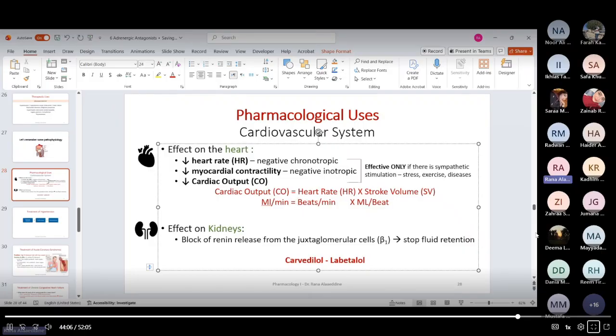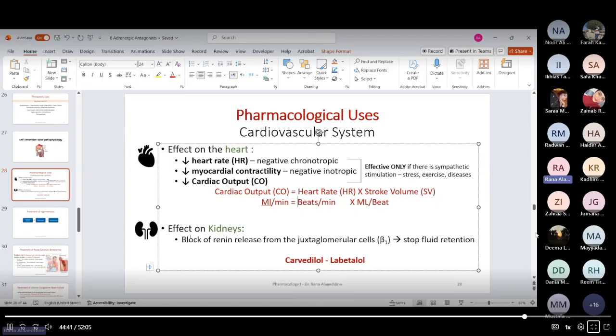Does this equation make sense? All right, so this is the cardiac output. The cardiac output is how much volume does the heart push out per minute. And it's the heart rate times the stroke volume. Stroke volume is the same as the cardiac output, but stroke volume is per beat. Cardiac output is per minute. So in order to get the cardiac output, we multiply the stroke volume with the heart rate. So how many beats that exist in the whole minute.